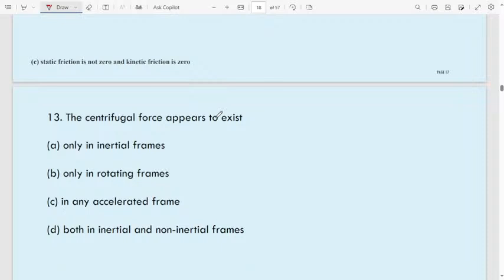Centripetal means inward, centrifugal means outward from the center. Option A, only in inertial frames. Option B, only in rotating frames. Option C, only in any accelerated frame. Option D, both in inertial and non-inertial frames.